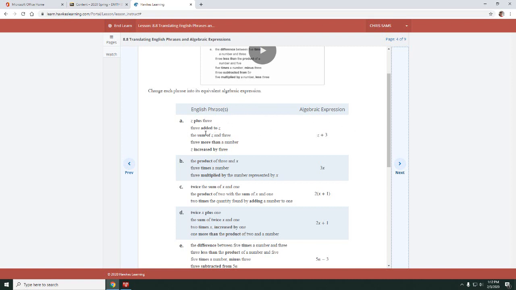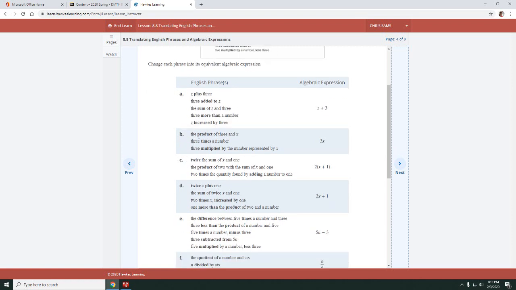So z plus 3, z added, or 3 added to z, the sum of z and 3. All of these are multiple ways to write this same equation. The same thing when we do multiplication. And notice this one right here, twice the sum of x and 1.